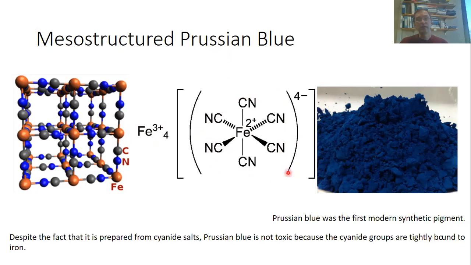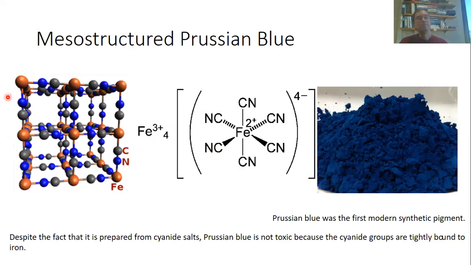hexacyanoferrate 2 ion. Okay, so because the iron here has a 2 plus charge, the complex ion has a 4 minus charge. Okay, and if you add, well, iron 3 plus to a solution of that hexacyanoferrate, for instance, potassium hexacyanoferrate, then Prussian Blue drops out of the solution. So essentially, in the Prussian Blue, the iron 3 plus coordinates to the nitrogen atoms here and interlinks the hexacyanoferrate ions together.